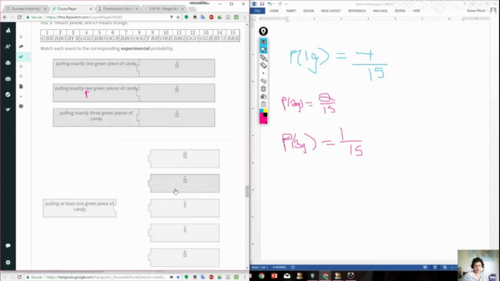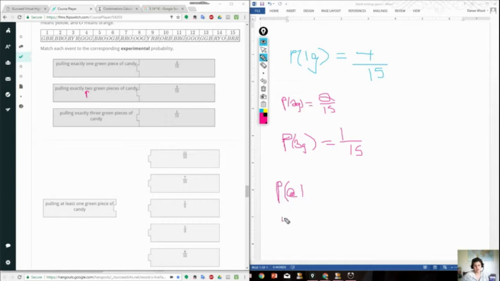Pulling at least 1 green piece of candy. Okay, so probability of at least 1. So that means that I could have one green, I could have two greens, or I could have three greens. Because if I pull two greens, that's at least one.